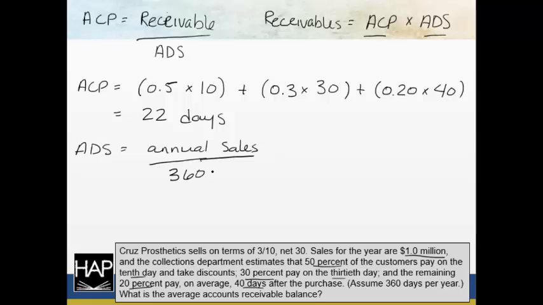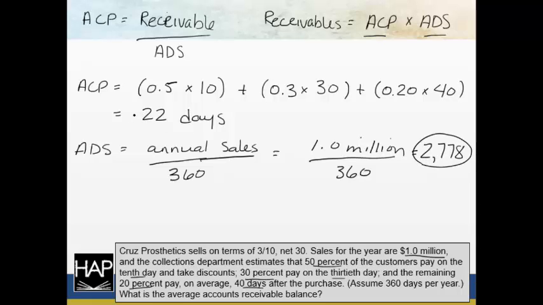So the annual sales of $1 million divided by 360 days will give me the average amount of sales in one day, which is equal to $2,778 per day.